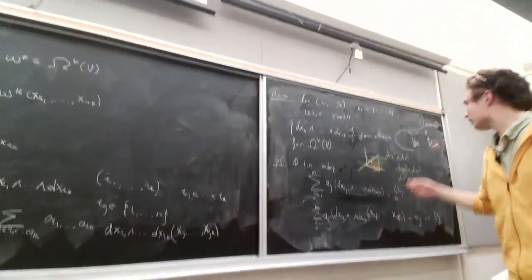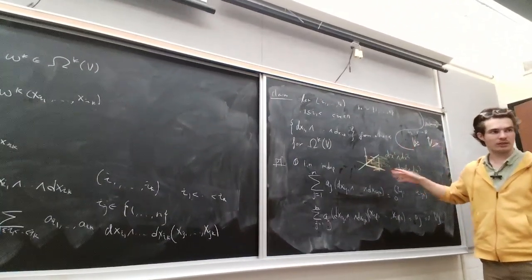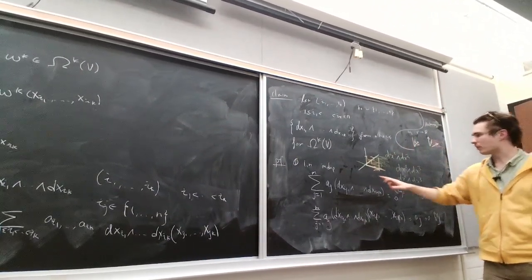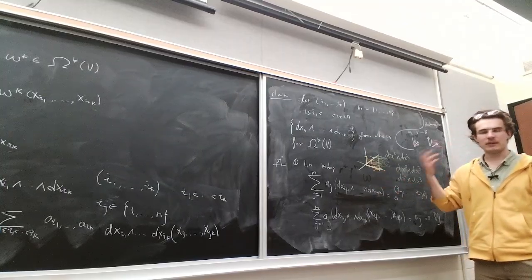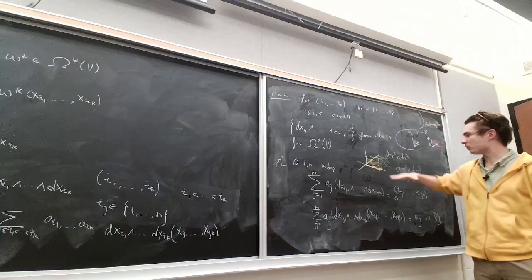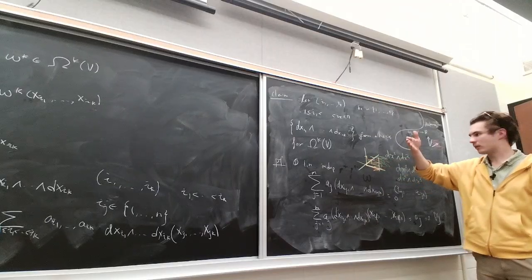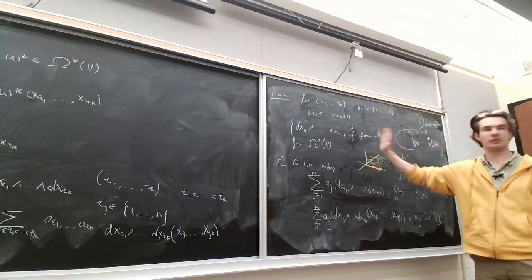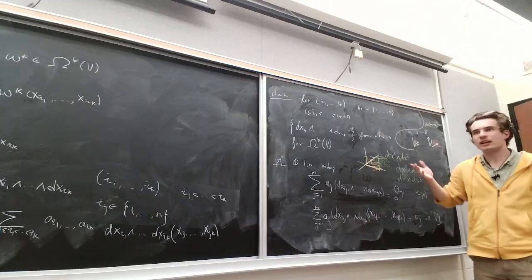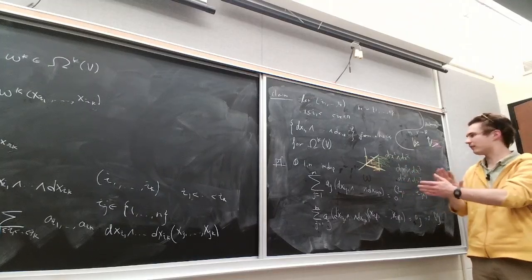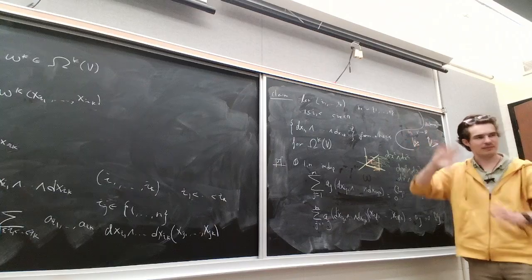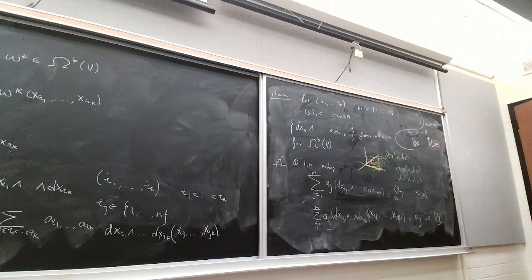So for example, like in this picture that I drew here, I'm looking at the volume of two-dimensional objects in three dimensions. So if I had some arbitrary two-dimensional form omega, to specify it, it should be enough to tell me the volume of this parallelogram, this parallelogram, and this parallelogram. And that should, in principle, let me figure out the volume of anything else through some non-trivial linear combination.